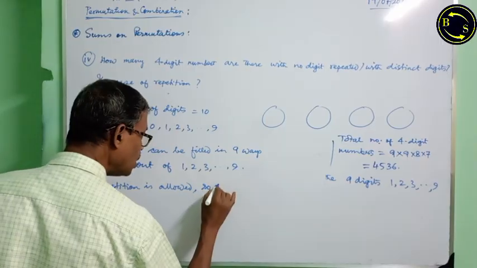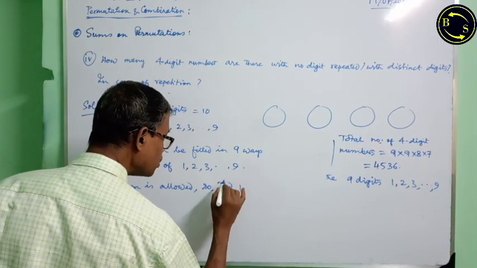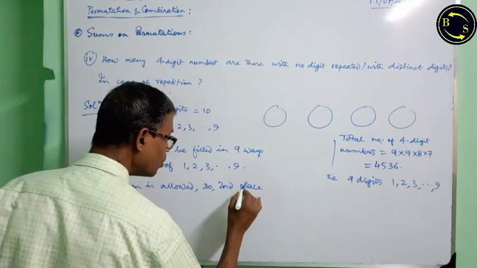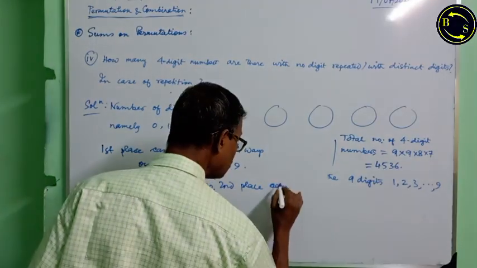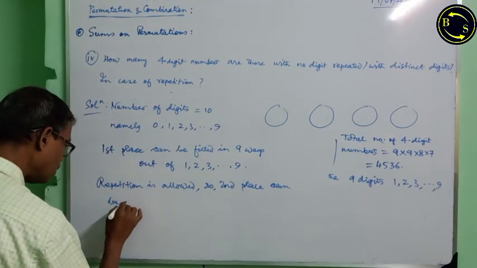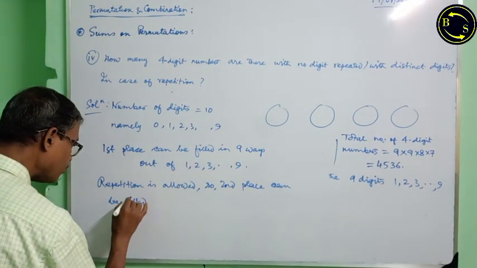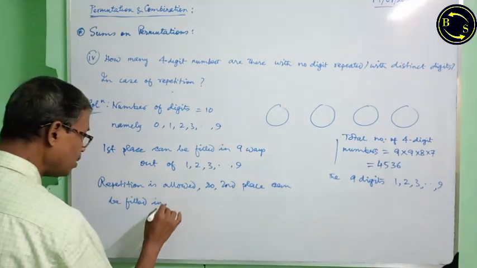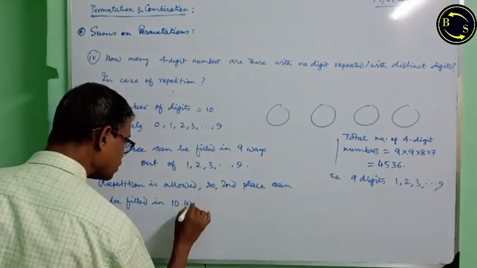So the second place can be filled in 10 ways.